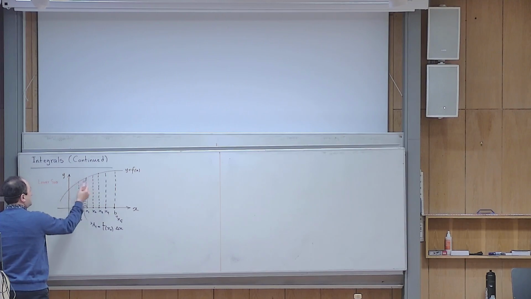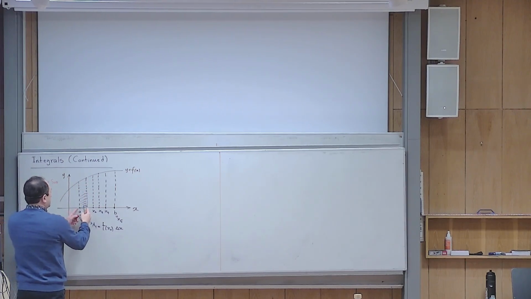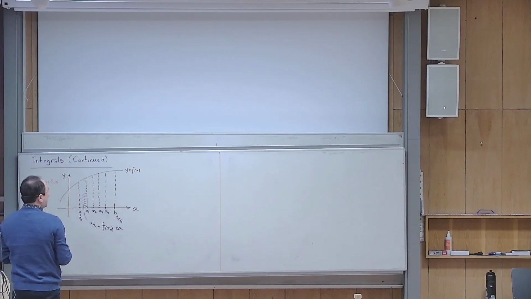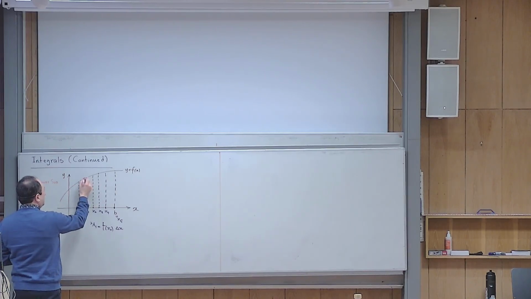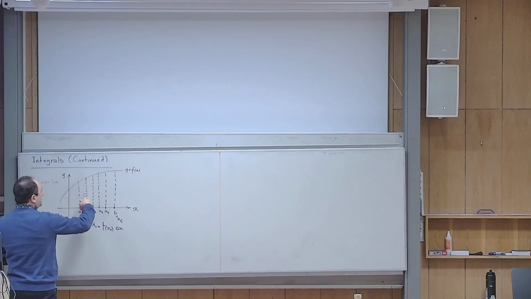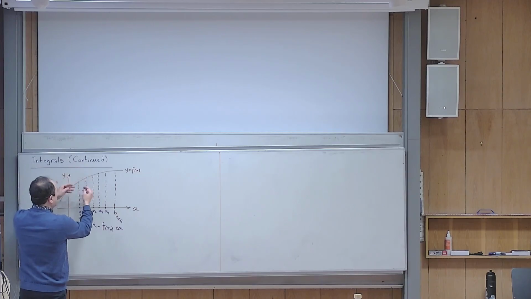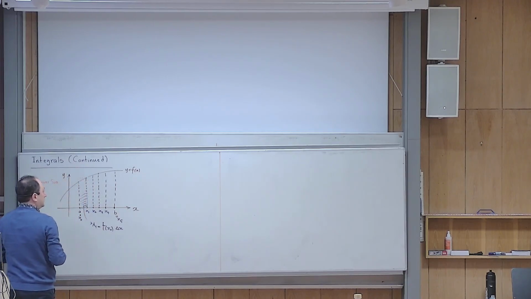You could choose the maximum value on each interval. For example, if I construct this rectangle on the maximum value, I am calculating something more than the area. In the previous case, my error is a little bit lower than the real area.